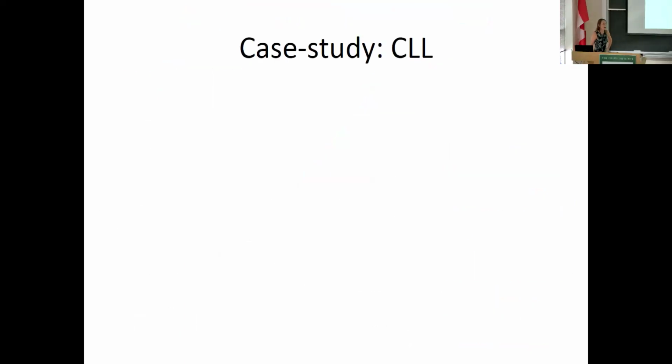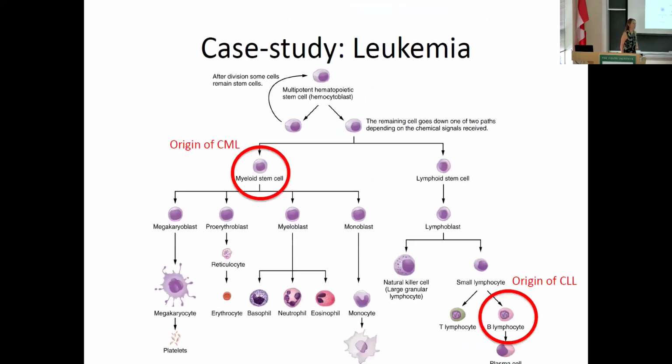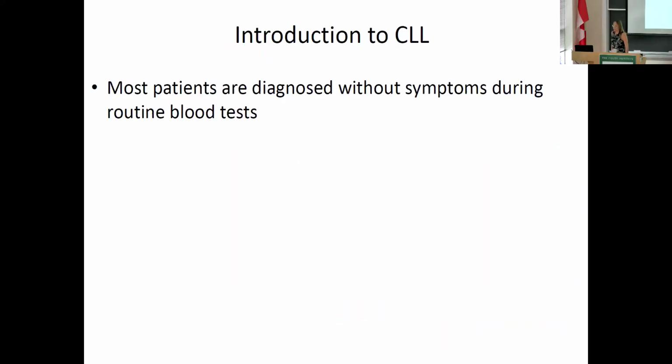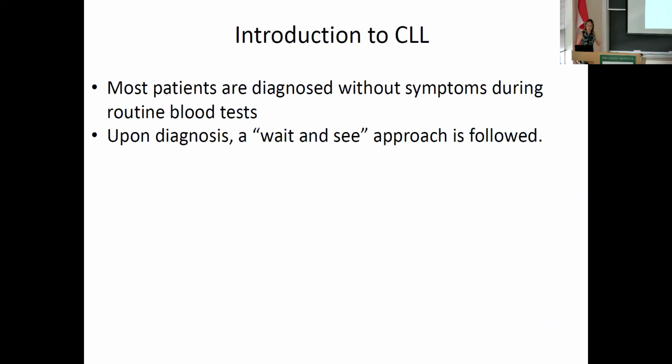Okay, so now I'll talk about something that is more kind of real world based, and I'll talk about CLL, a different type of leukemia, chronic lymphocytic leukemia. It's a more common cancer, and it usually develops in older patients. Most patients are diagnosed routinely during blood tests, and upon diagnosis, they do wait and see.